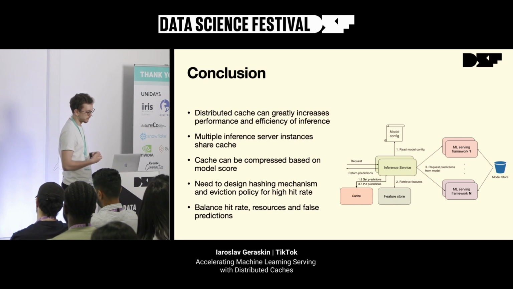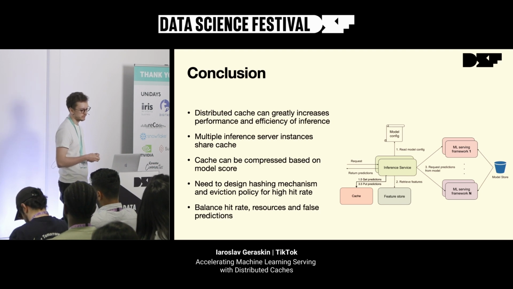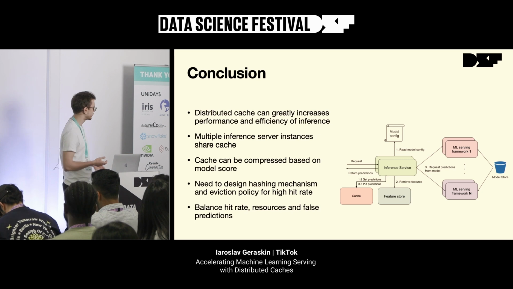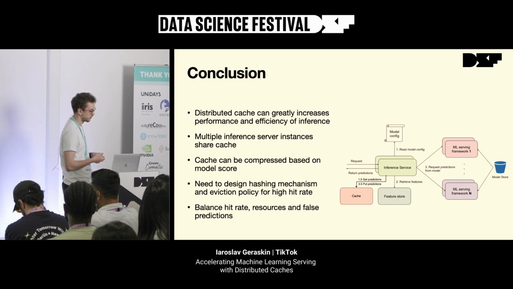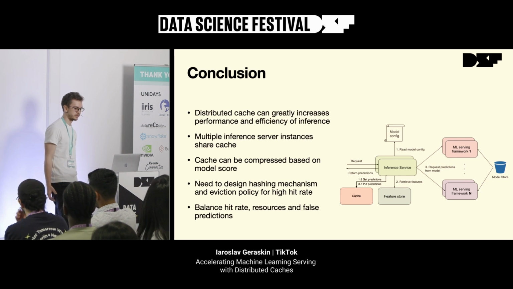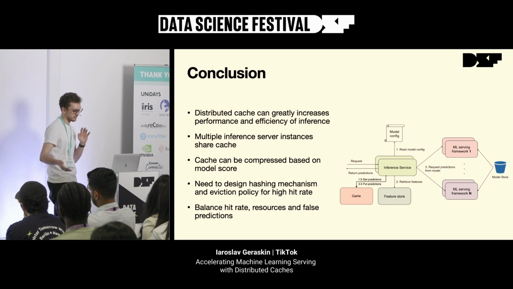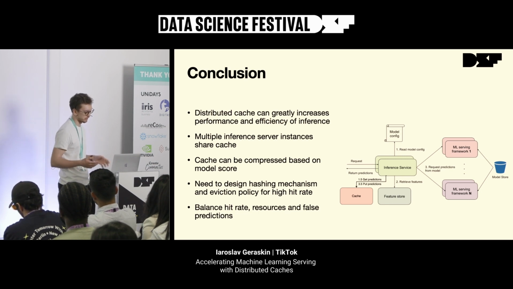So with different knobs, we can control and balance hit rate, resources, and false predictions. We want to build some monitoring for that system to additionally control cache hit rate, cache memory usage, and the number of evictions in the past few minutes or something like that.